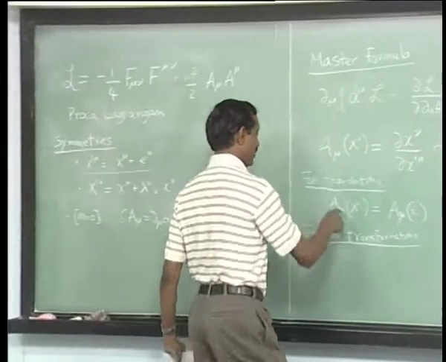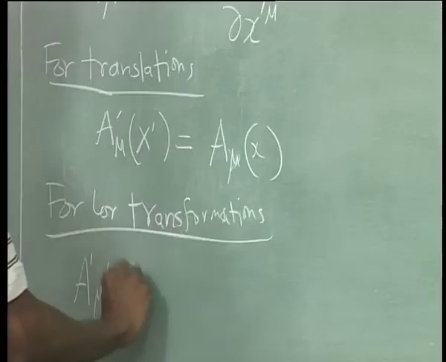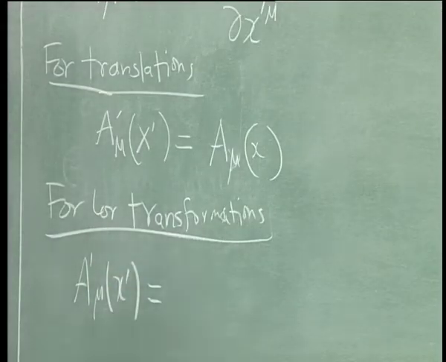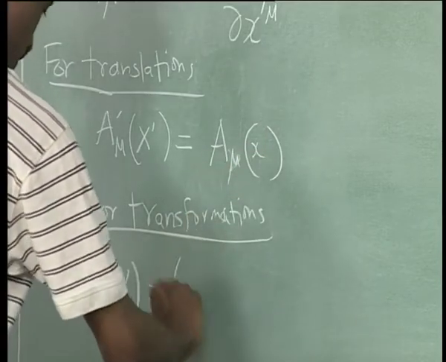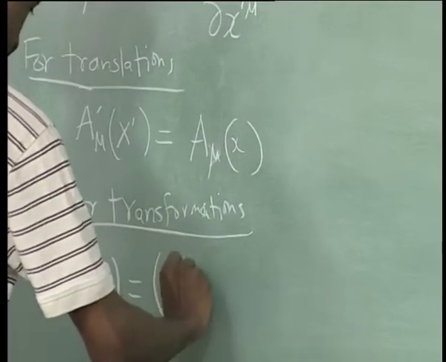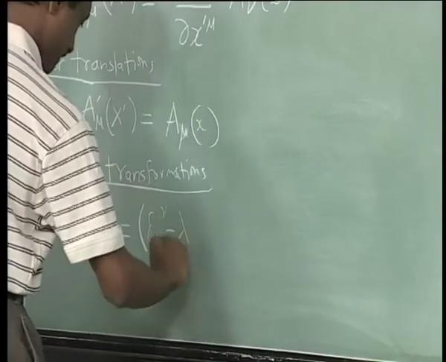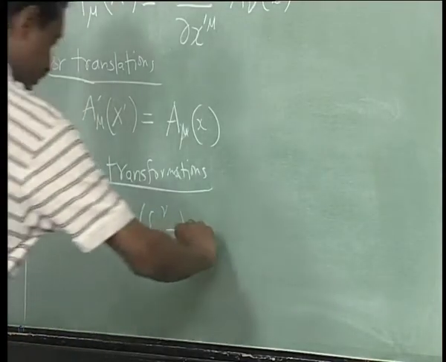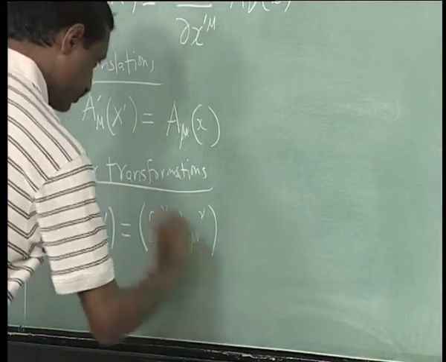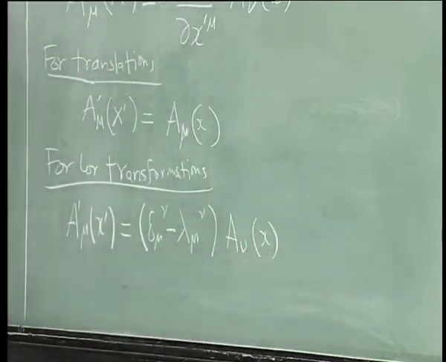So, since I want to write it in this form, what I will get is A prime mu of x prime will be equal to... Okay.